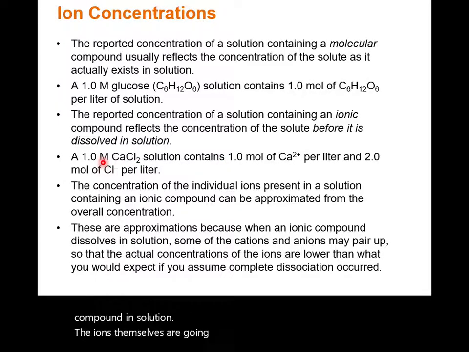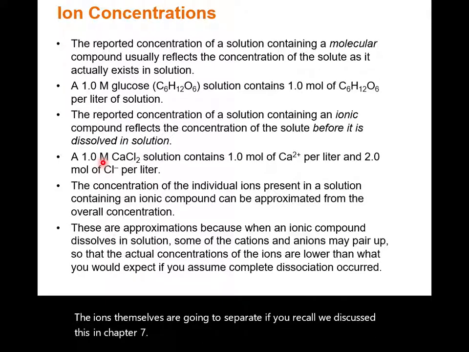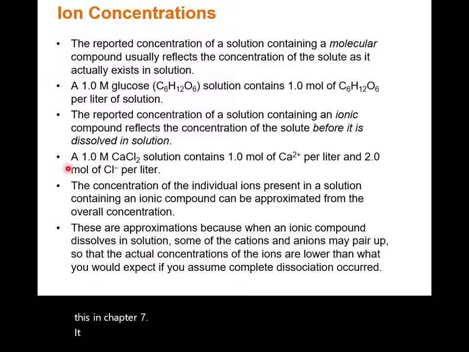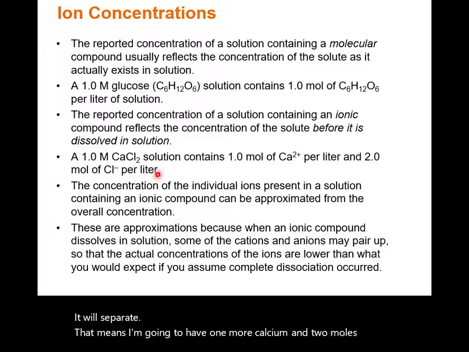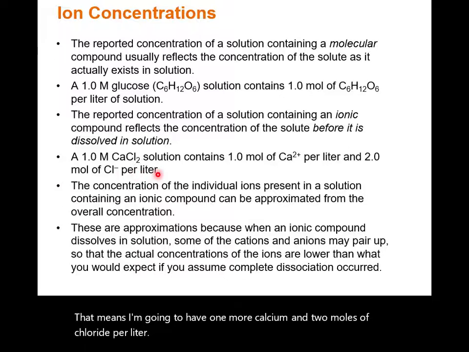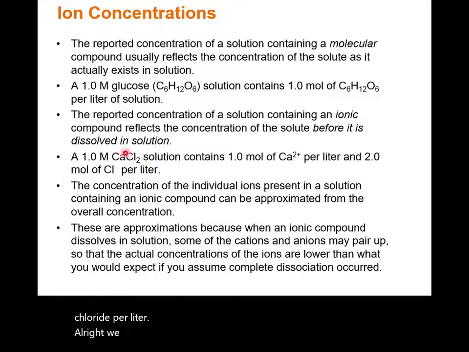If you recall, we discussed this in chapter 7. They will separate. That means I'm going to have 1 mole calcium and 2 moles of chloride per liter. All right? We have to use the stoichiometry of the compound to figure out what concentrations we have.